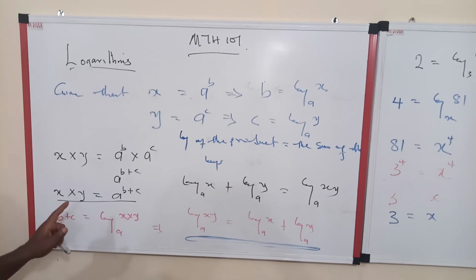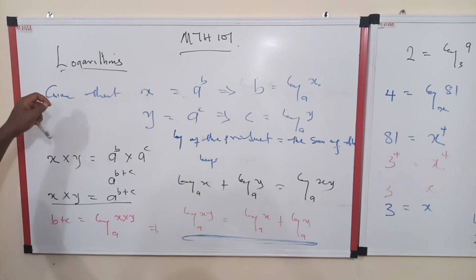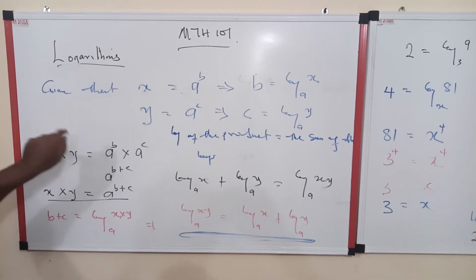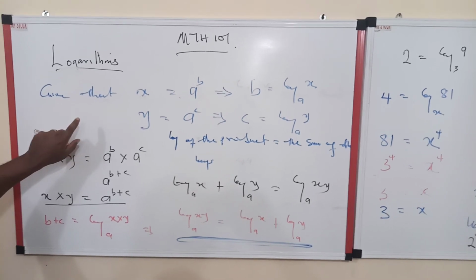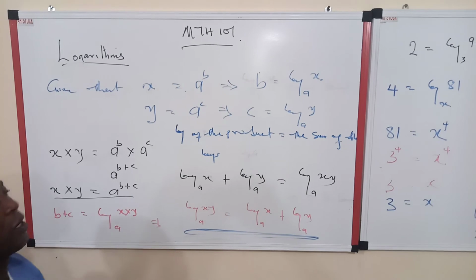Now, in today's class we learned logarithm, where previously we learned indices, where we try to write a number in terms of the power of. Those expressions that we write in terms of indices, we can also write in terms of logarithm.